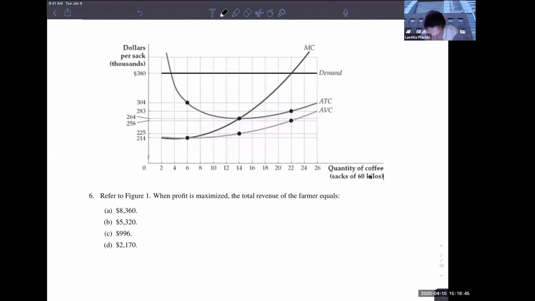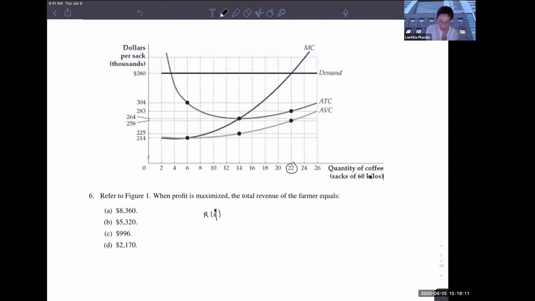When profit is maximized, the total revenue of the farmer equals. Okay, so how do we solve this? Well, we want to calculate total revenue for a specific quantity, which is Q star, and we know that's 22 now.